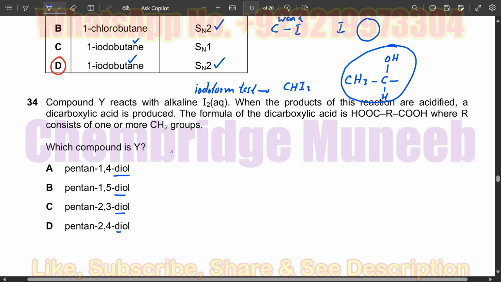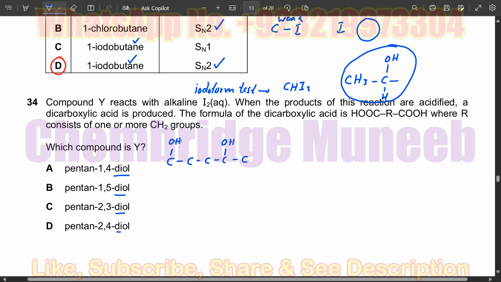So for option A, I'm going to write the structural formula. We have 5 carbon atoms, so 1, 2, 3, 4, 5, and then on position number 1 and 4, the alcohol groups are present.